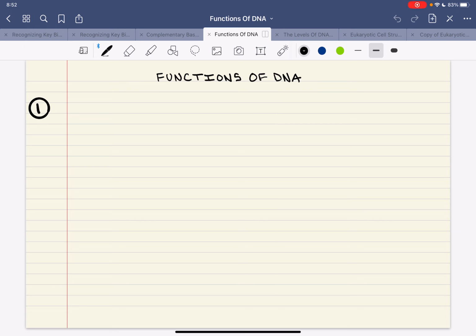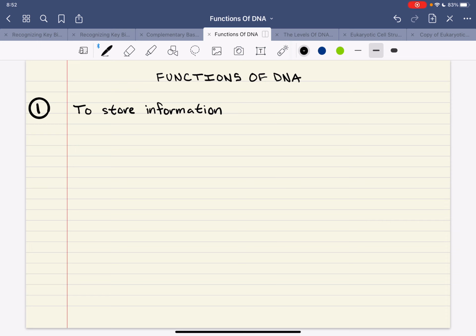So what is the primary function of DNA? The primary function is to store information. That's the key word. And we'll learn a bit more about how we store this information moving forward in the class.